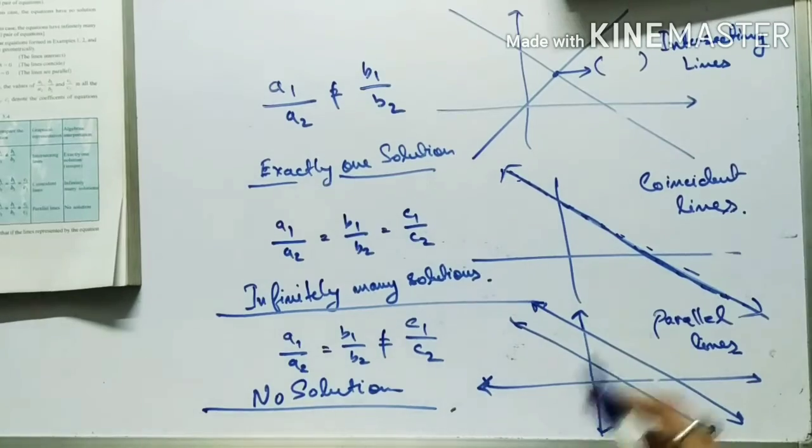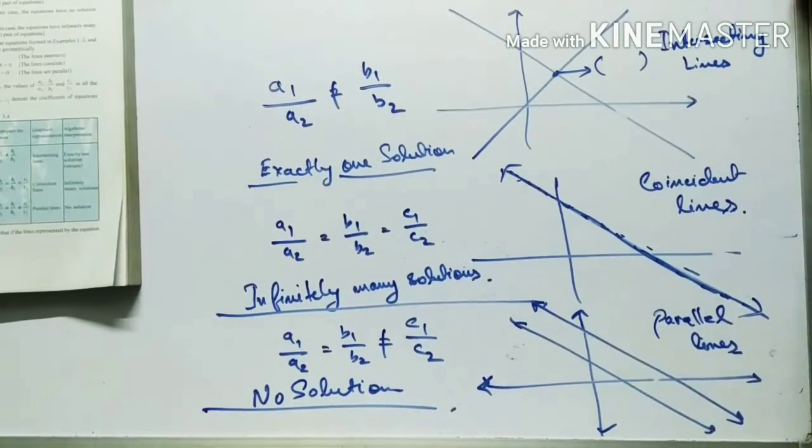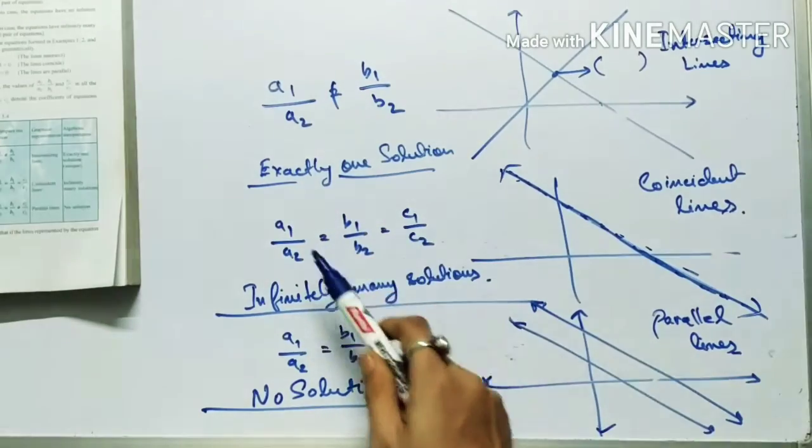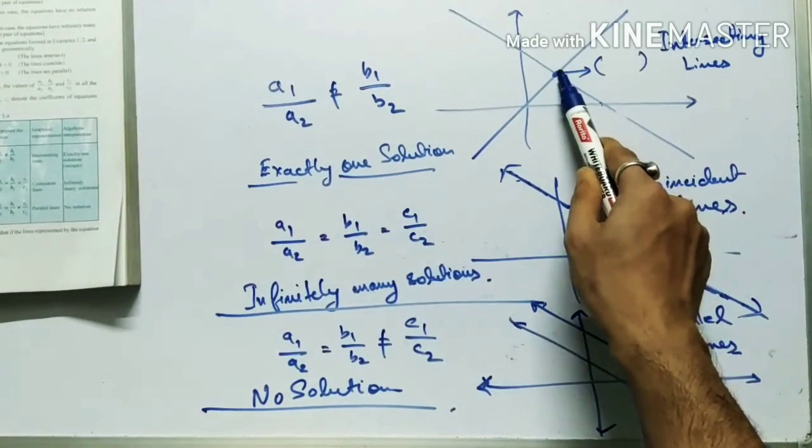So next, one more thing: if the lines intersect at one point, that is the case a1/a2 not equal to b1/b2, they intersect at a point.